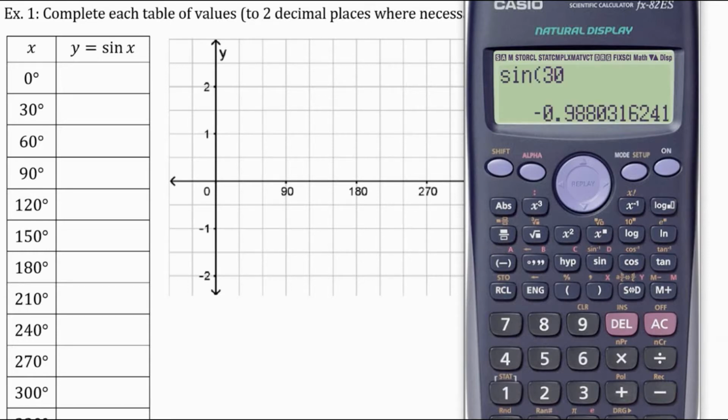I get some answer that doesn't make any sense for what we're talking about. So I'm going back into my setup. I'm hitting number 3 to put it in degrees. Every calculator is different. You're going to have to figure out how to put yours in degrees. And then when I do the sine of 30, I get the answer that I want, which is a half.